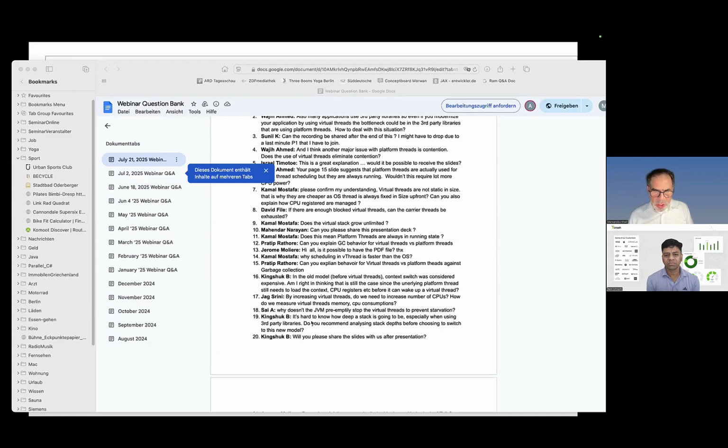So we come to question 18. Why doesn't the JVM preemptively stop the virtual threads to prevent starvation? It's by intention. Yeah, preemption is nice, but it's not the only way to do a good scheduling.